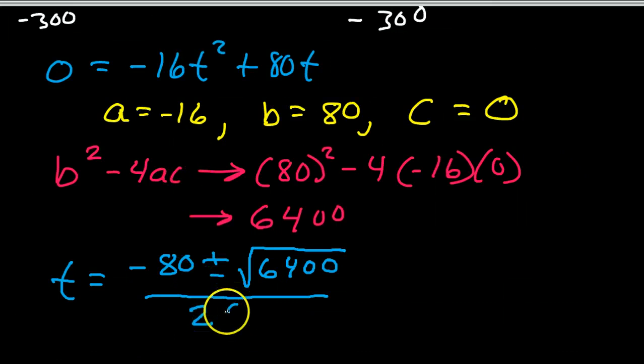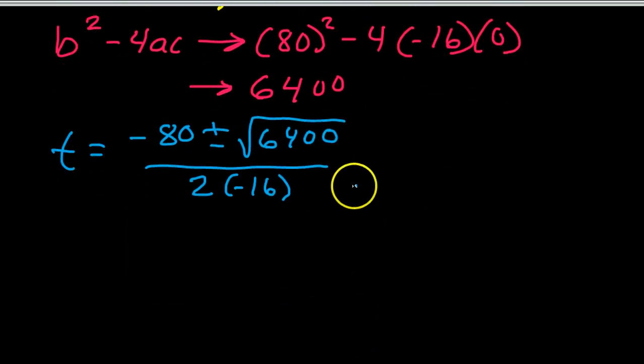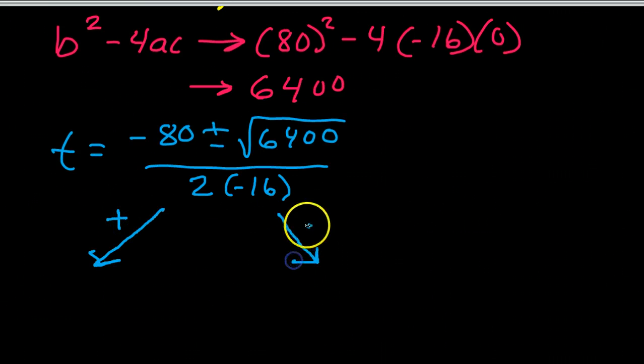So that's 2 times negative 16. Okay? A decimal is going to work just fine for us, so let's just use our calculator. Let's type in this whole expression once with a plus, and we'll type it in again with a minus. So let's see, negative 80 plus.